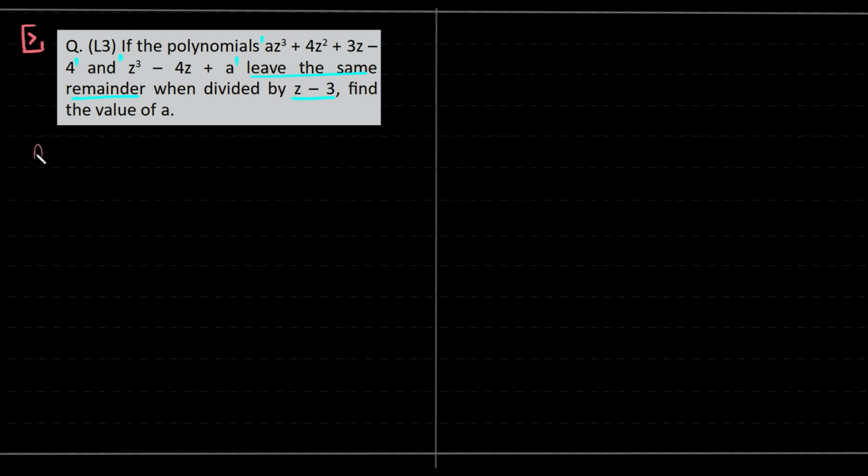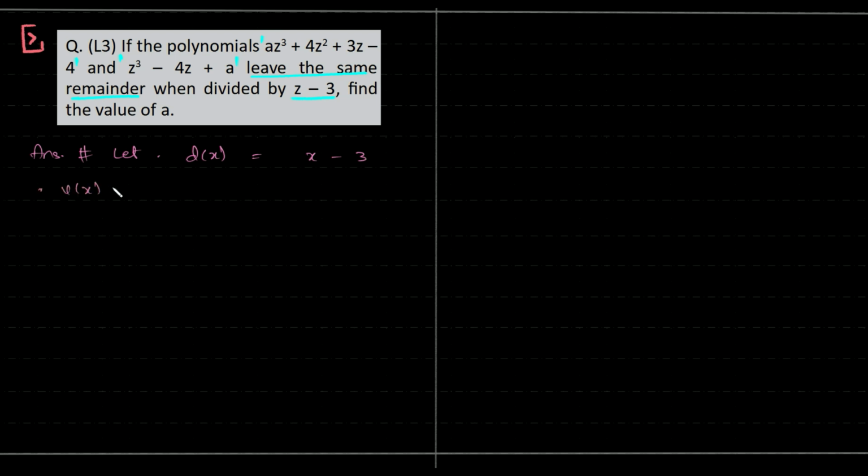What is it that we are looking at? We have two expressions, so let's call them something. Let d of x be equal to x minus 3.